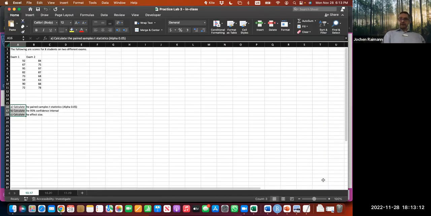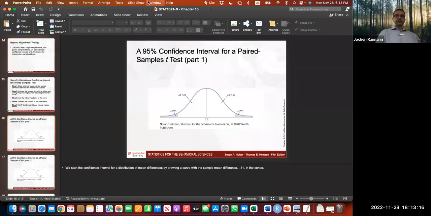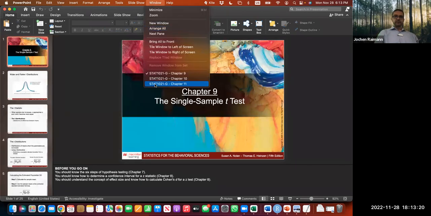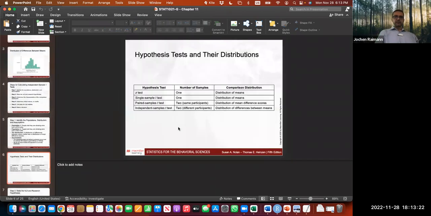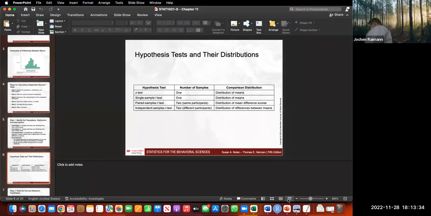Good. As a quick entry into the topic, a quick recap, and this is quite important, again, a quick overview of different tests we've done so far.